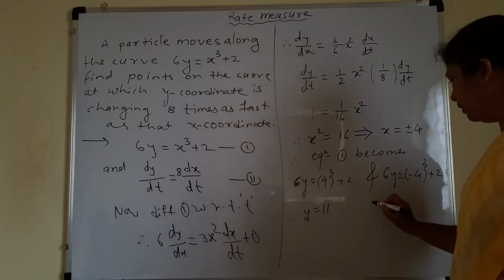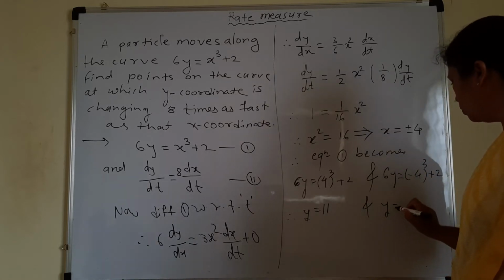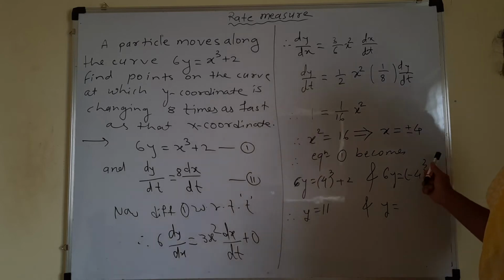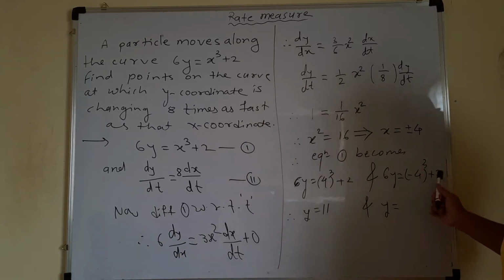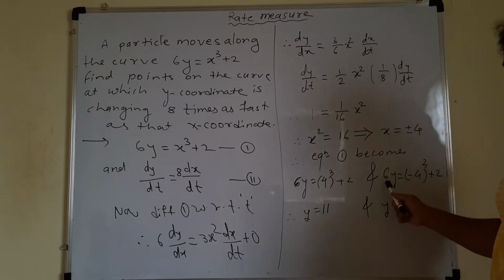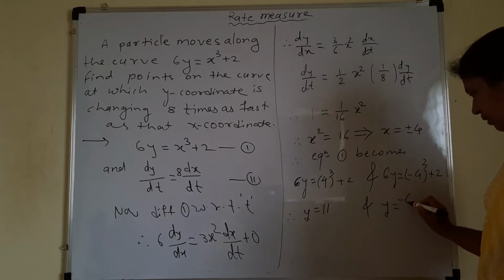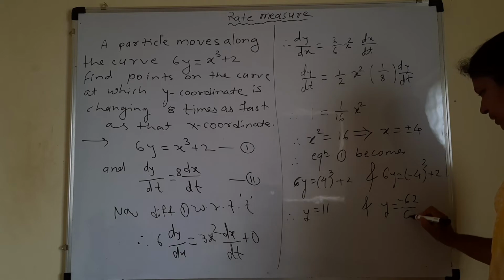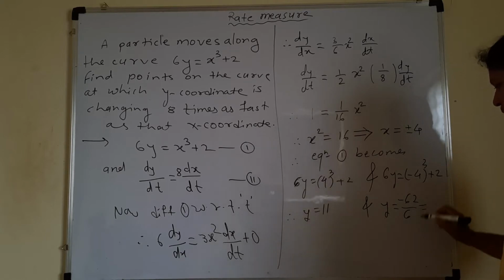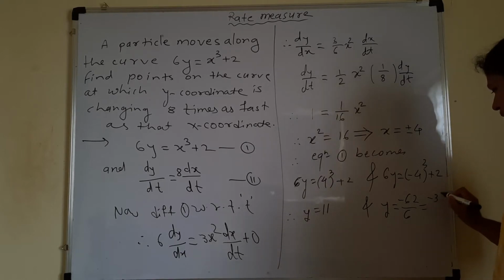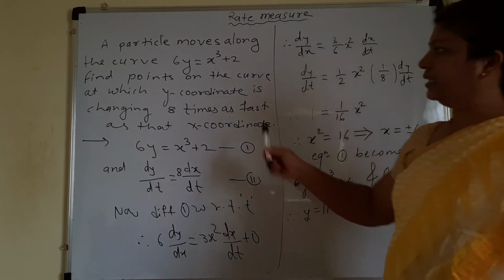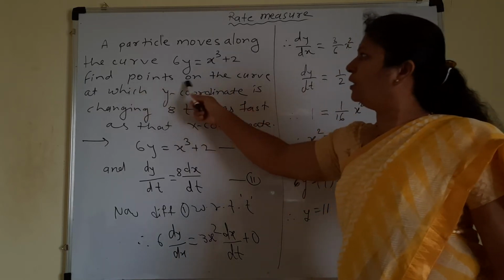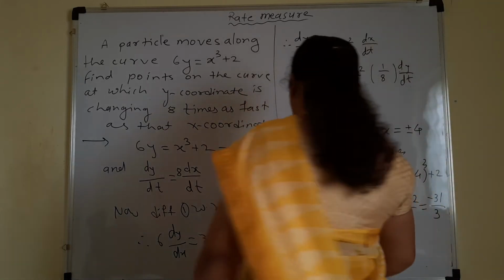And here it will be y is equal to, again, minus 4 cube means minus 64, minus 64 plus 2 means minus 62 divided by 6. You can reduce this by 2, it will be minus 31 upon 3. So what are the coordinates? Find points on the curve. So what are those points?